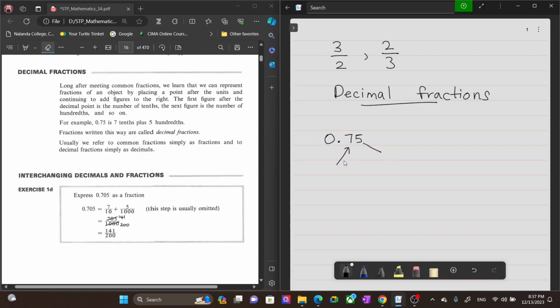Here, the 7 means 7/10, and this 5 means 5/100.